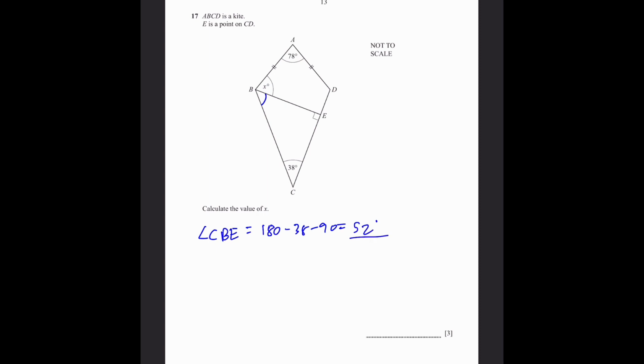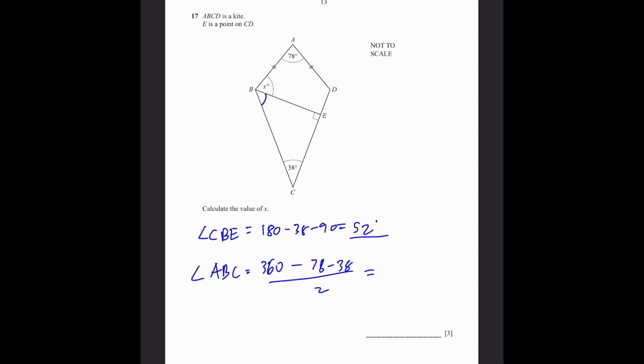Now for the full angle over here. Because these two angles are the same in a kite, we can do angle ABC is equal to 360, because that's the sum of the angles in a quadrilateral, minus 78 minus 38, and divide by 2 because these two are equal.